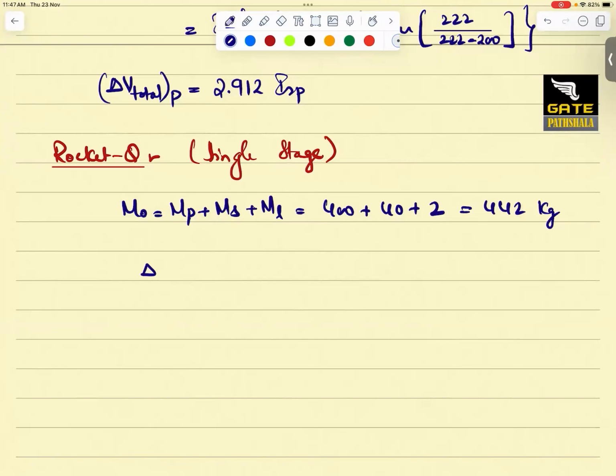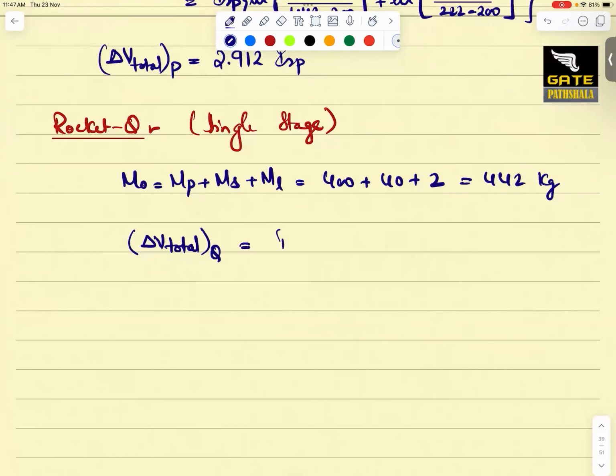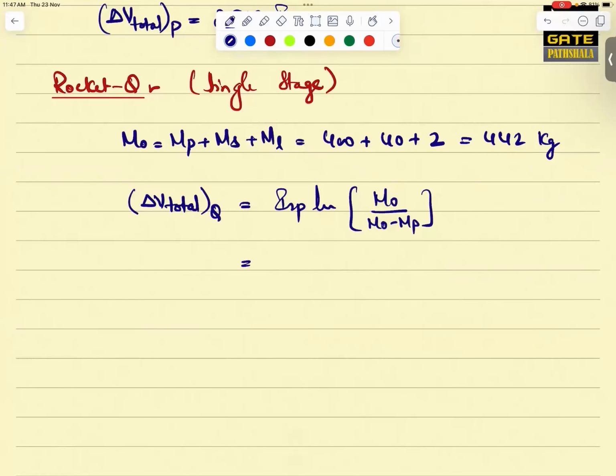So what is delta V total for Q? Delta V total for Q is ISP into ln of M0 by MB, where MB is M0 minus MP. So that is ISP into ln of M0, how much? 442 divided by 442 minus 400.